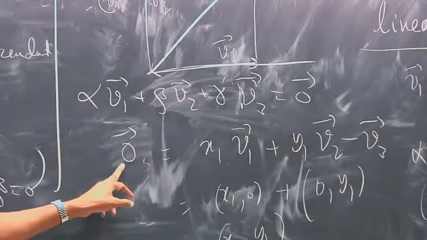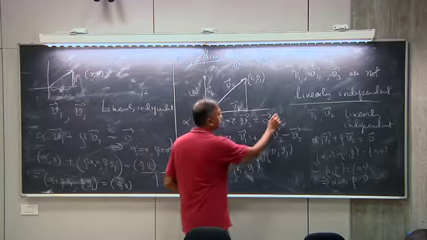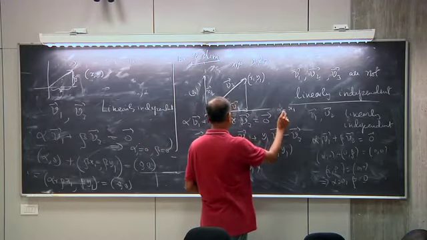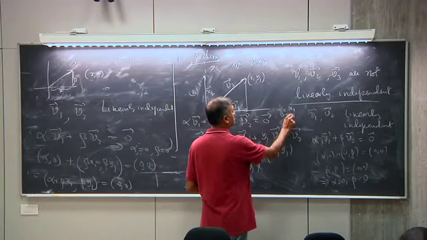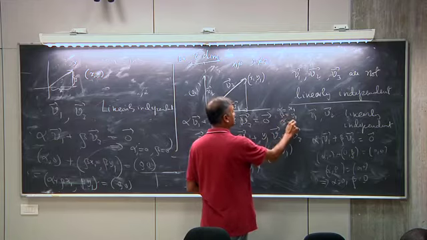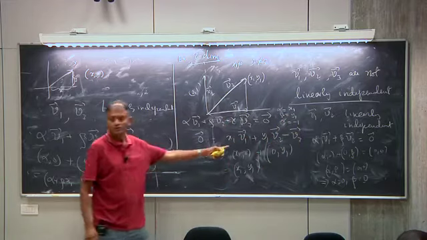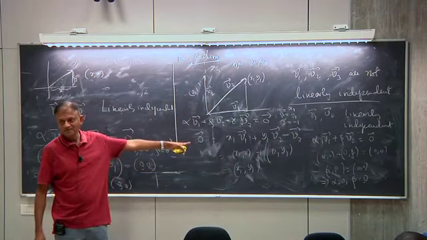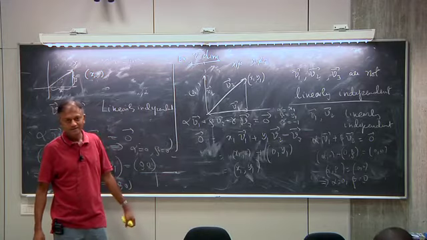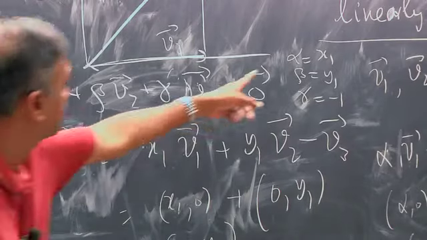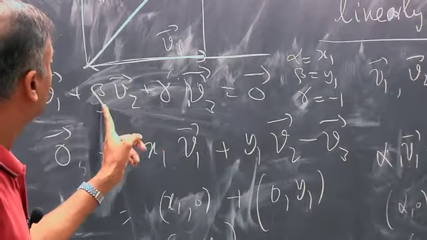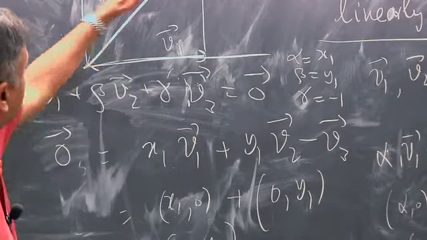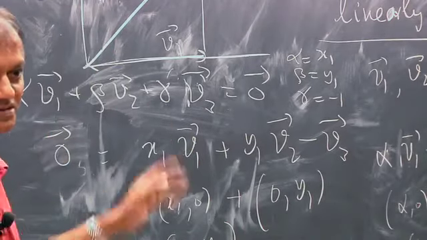And indeed, from here you see that I can choose alpha equal to x1, beta equal to y1, and gamma equal to -1. That's a solution to this equation. You can just plug it in: alpha equal to x1, beta equal to y1, and gamma equal to -1, and you see that the sum is the null vector.